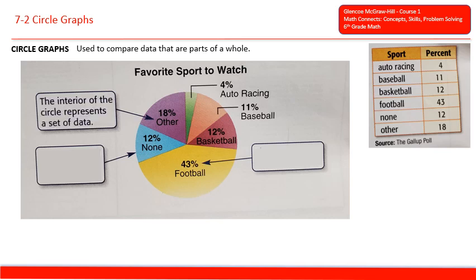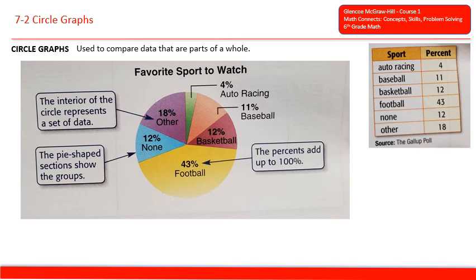So the interior of the circle represents a set of data. So all of this is our data, right? And it's inside the circle. The pie-shaped sections show the groups. So this one's pointing to 12%, none. The other pie-shaped piece is 43% for football, and so on as we go around.